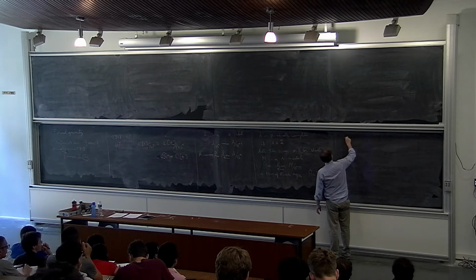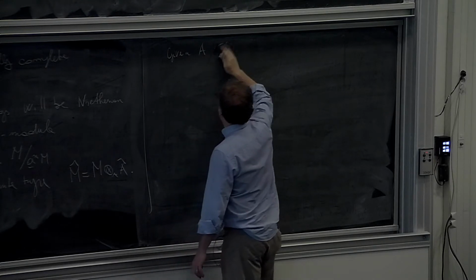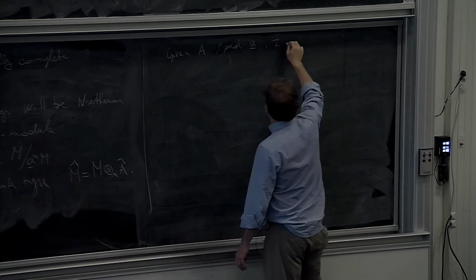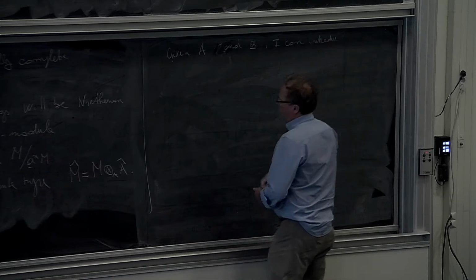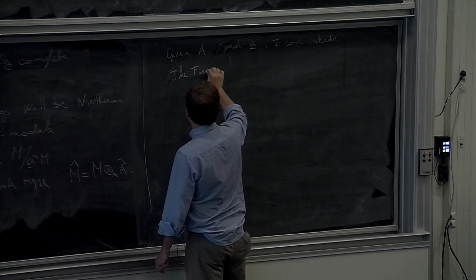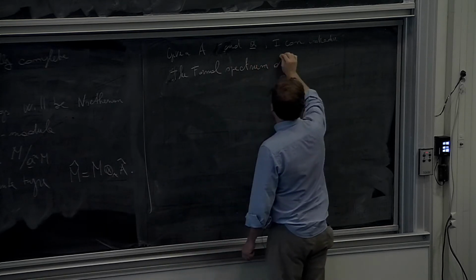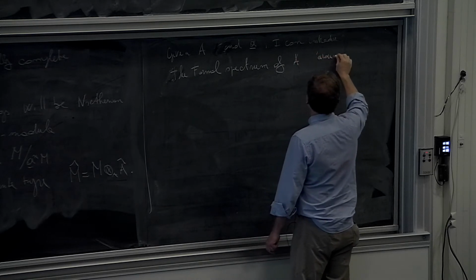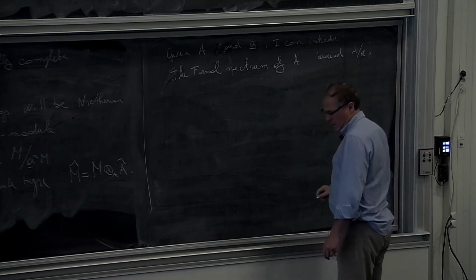So given A and an ideal 𝔞, I can introduce the formal spectrum, let's say around A divided by 𝔞.